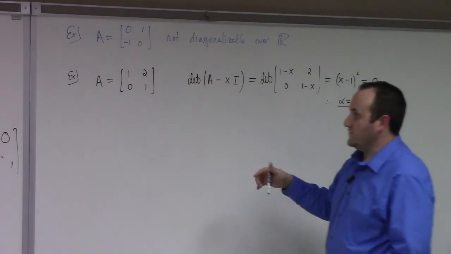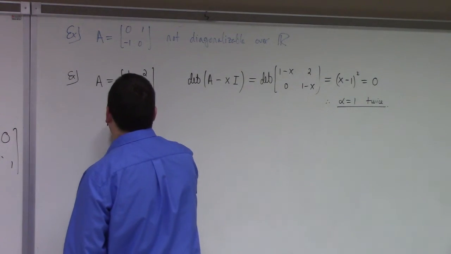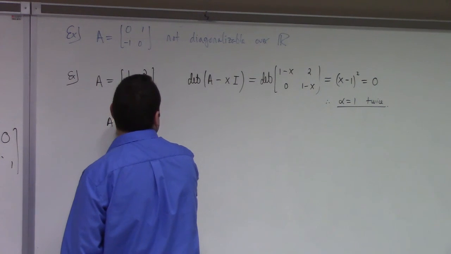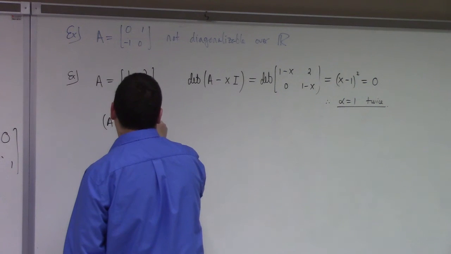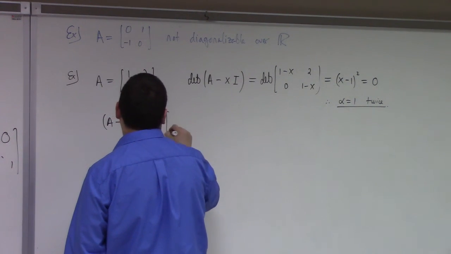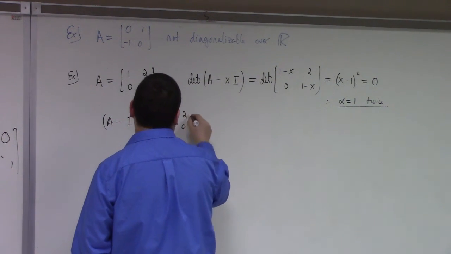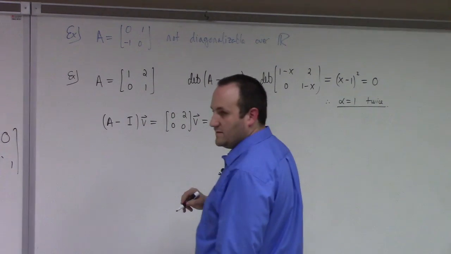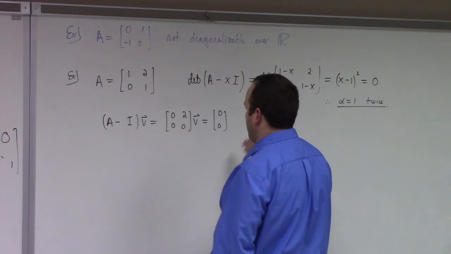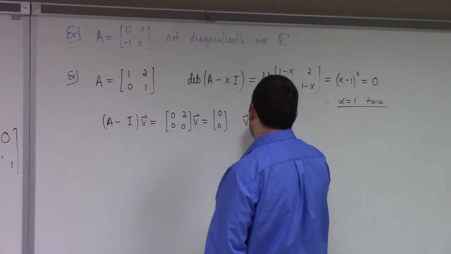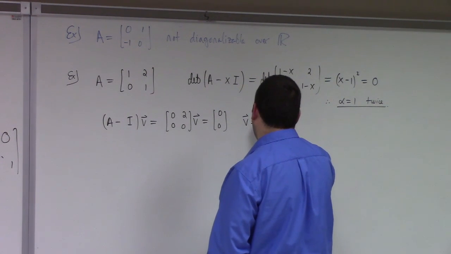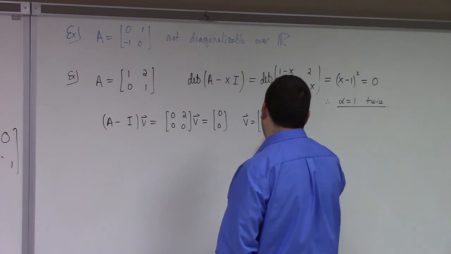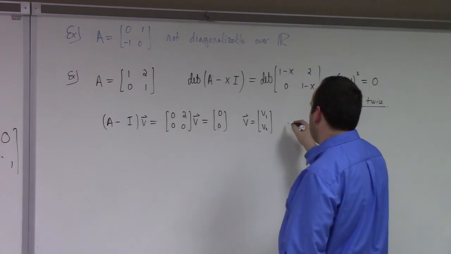What are the eigenvectors here? So we have to solve A minus I times some vector v equals 0. What is that? Well, that's 0, 2, 0, 0 times a vector v equals 0. What are the solutions to this? If v is equal to v1, v2, what condition do we get?